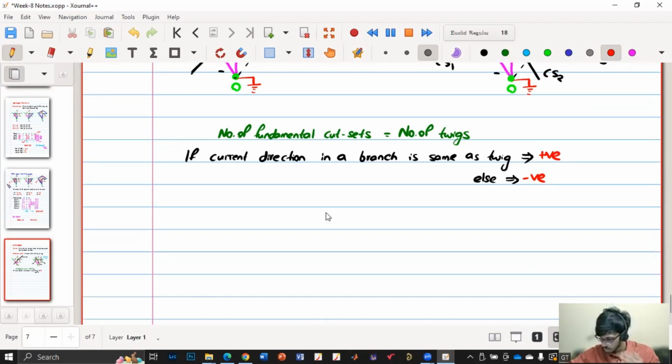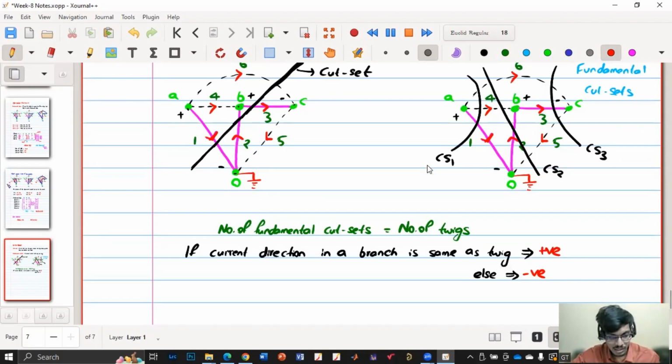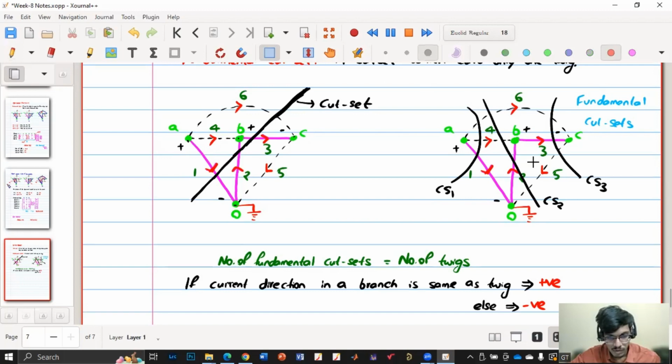First, let me consider this circuit so we can easily draw.